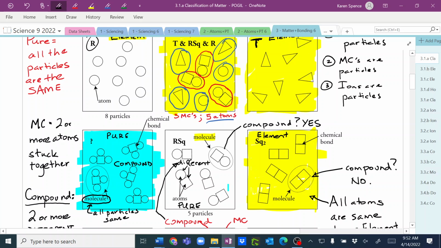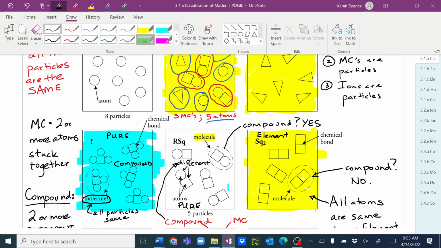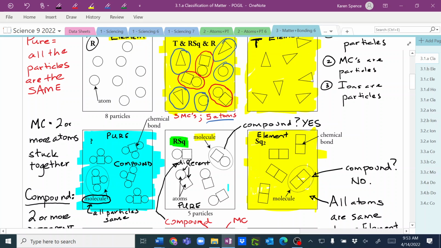Yes. Now, what would the symbol be? If you look at all the little symbols, those are the things we have up in the top left-hand corner. We've got RSQ, we've got SQ2. Tell your partner what the symbol is going to be for this one here.